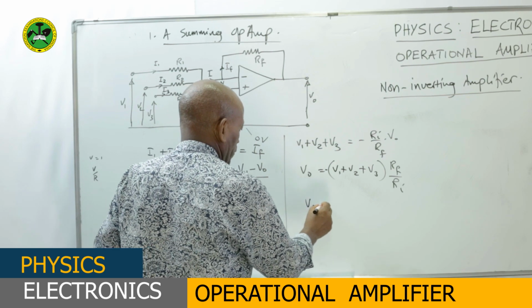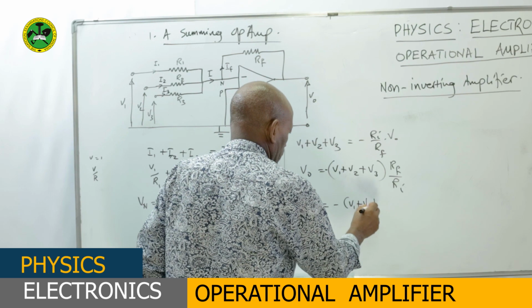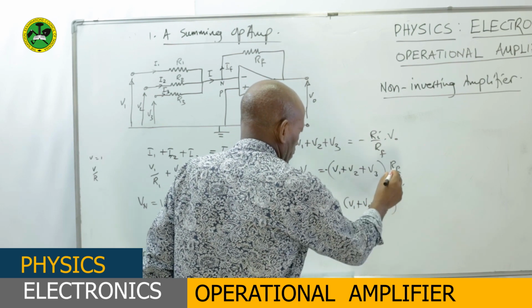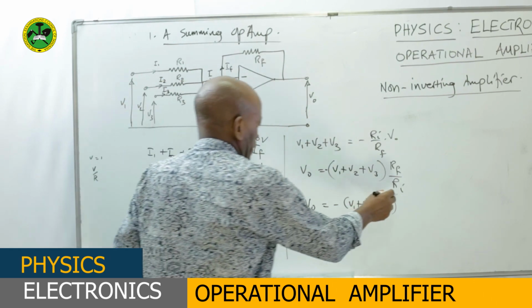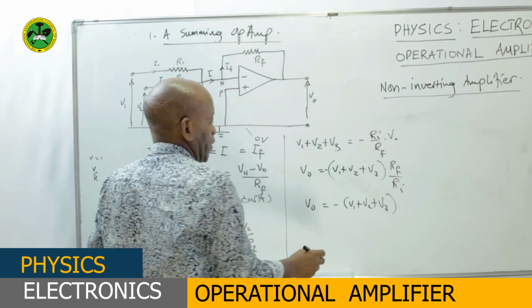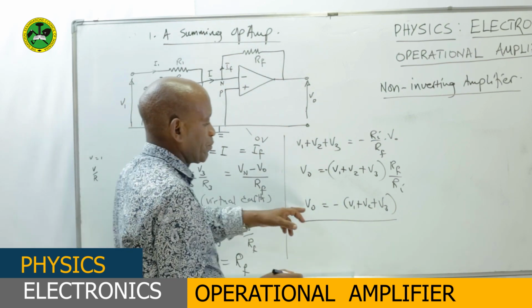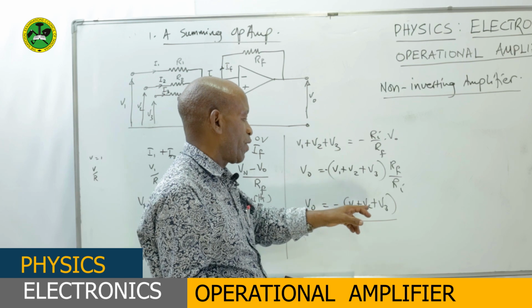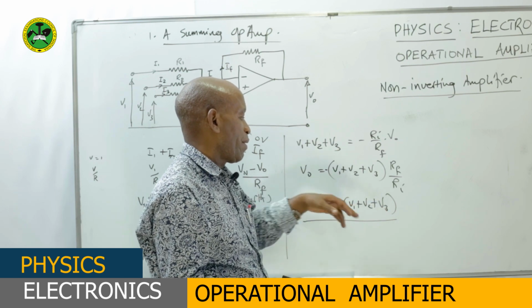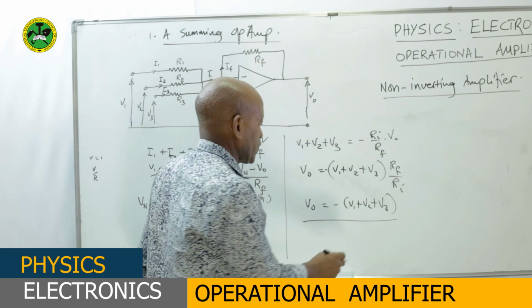That is, the output voltage for that case will be equal to V1 plus V2 plus V3, because Rf will be equal to Ri, the input resistor and the feedback resistor being the same. Eventually, the output voltage is equal to the sum total of the input voltages V1 plus V2 plus V3, but it is inverted. That's why we have the negative sign there.